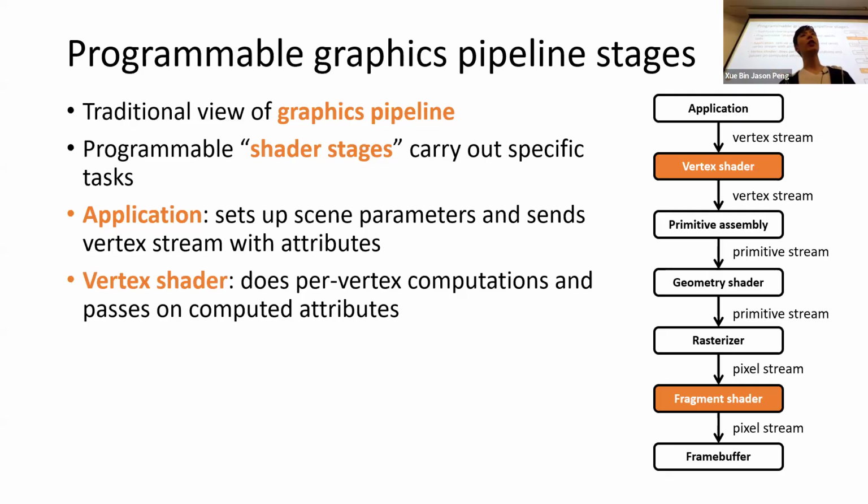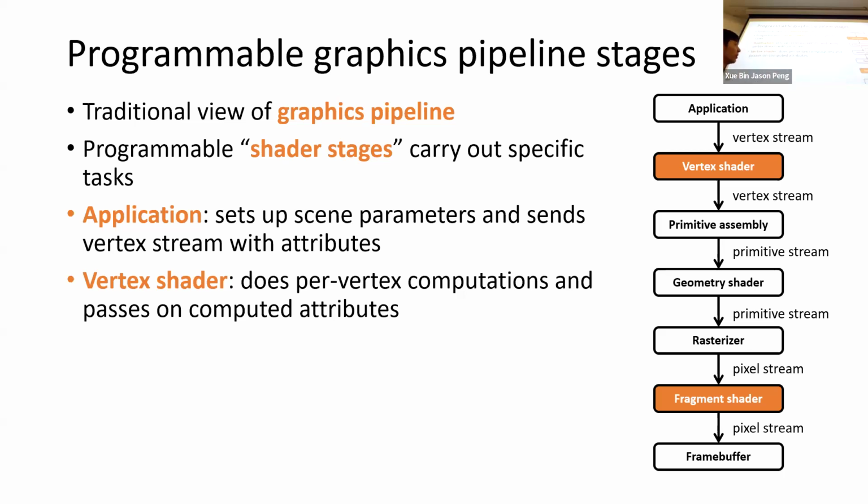And so the vertex shader's job is to take the input vertices, apply transformations to those vertices, like converting the vertices between different coordinate frames, and then outputting a stream of transformed vertices to the later stages of the rasterization pipeline.